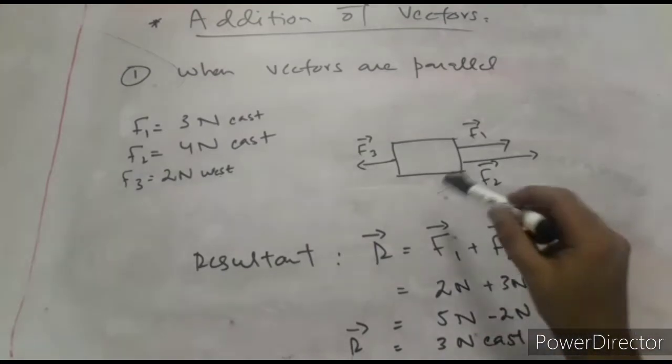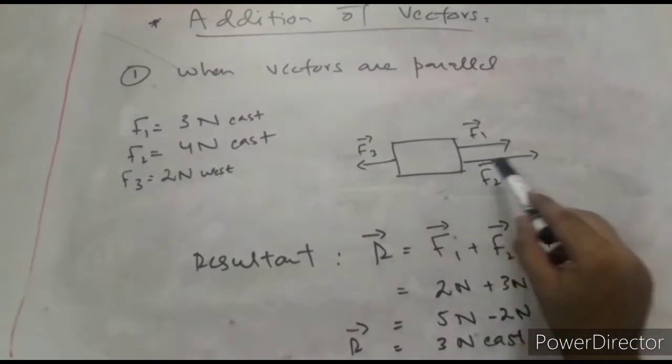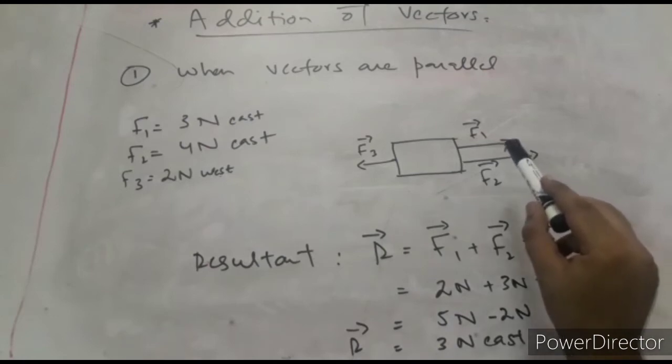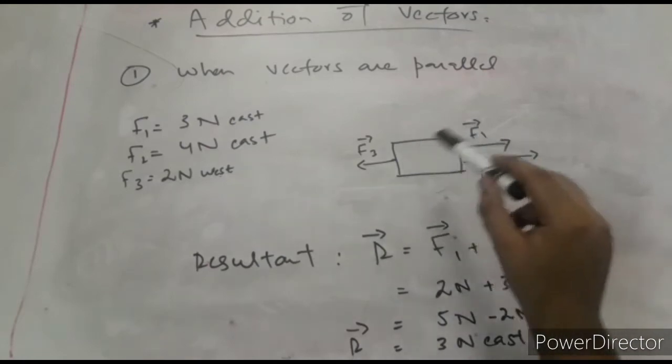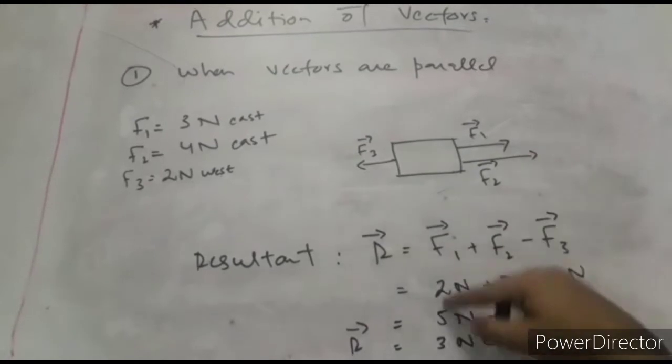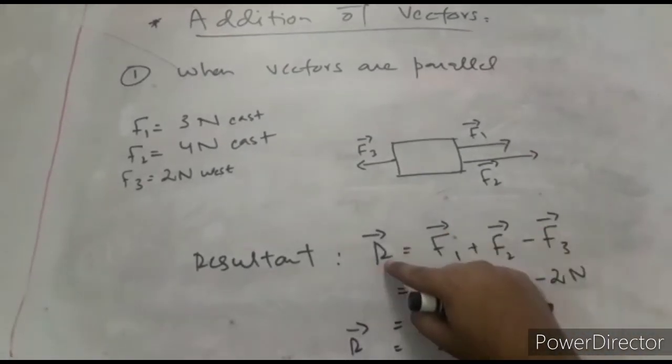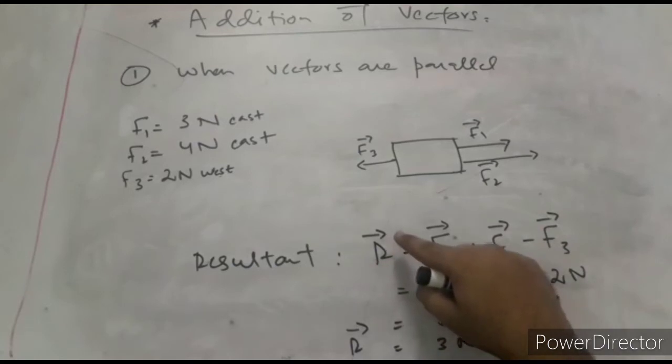So ultimately this box will be moving in the east direction with a force of 5 Newtons, because the resultant of all these three forces is 5 Newtons. We represent a resultant vector by this capital R with an arrowhead to show it's a vector quantity.